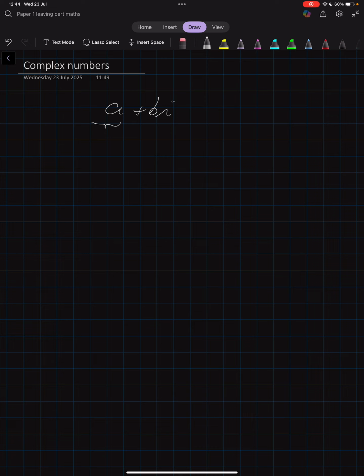Basically, you have a real part. A real part is any number that you've seen up until this point. So 2, 7, 2.3, minus 17.4, root 2, pi, all those are real. Fine. This here is the imaginary part, or complex.